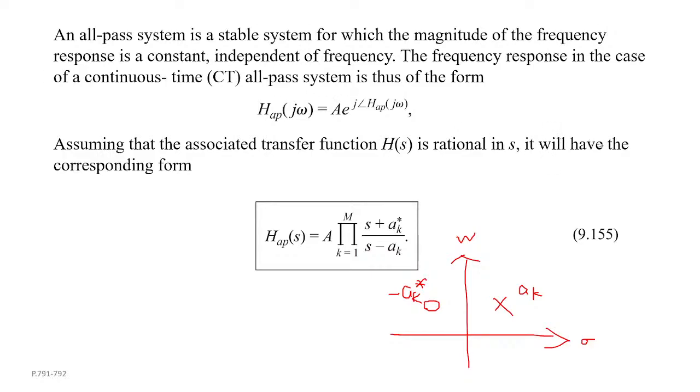Before we said the magnitude is 1, but the definition is actually that it is constant, independent of frequency. But it's a little more than just being 1 or constant, because the phase can still depend on frequency.